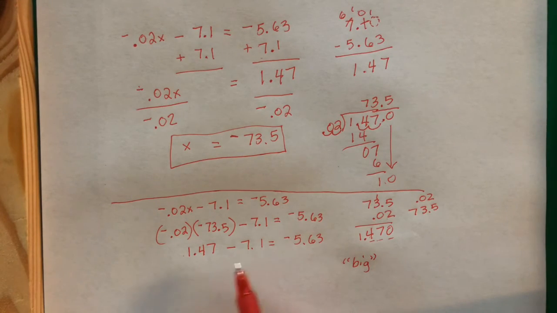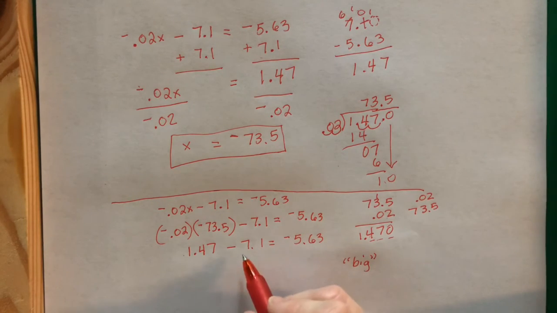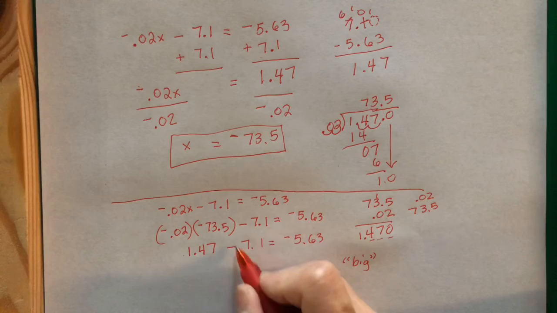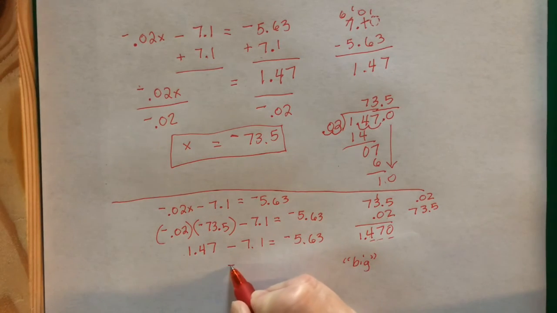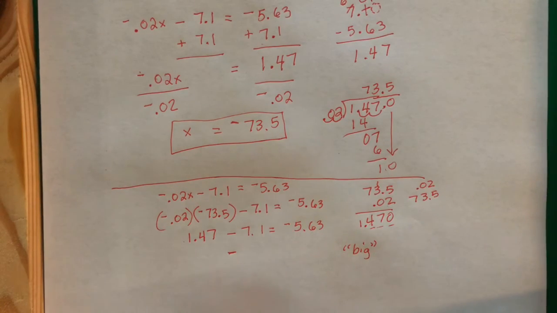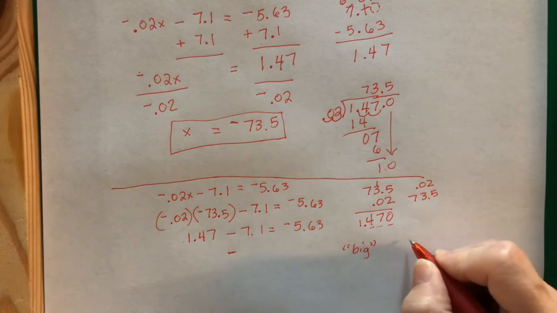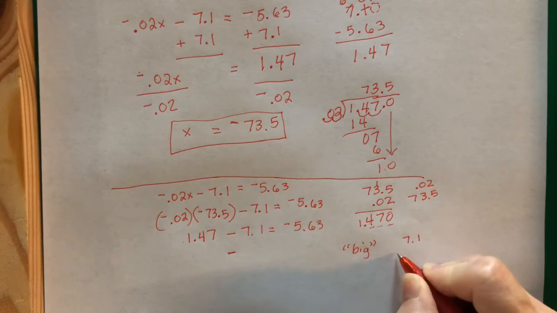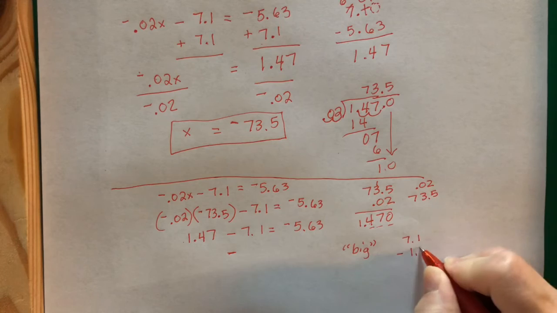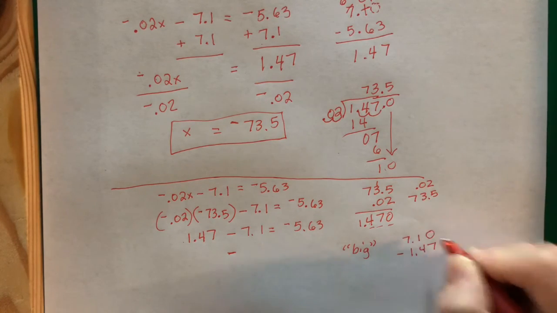Negative 7.1 is smaller than 1.47, but it has the biggest absolute value. It's the farthest from 0. So I'm going to use the sign of the larger absolute value. So I'm going to use the negative, and I'm putting that answer before I go over on the side to do my subtraction. 7.1 minus 1.47, fill in a 0 here.